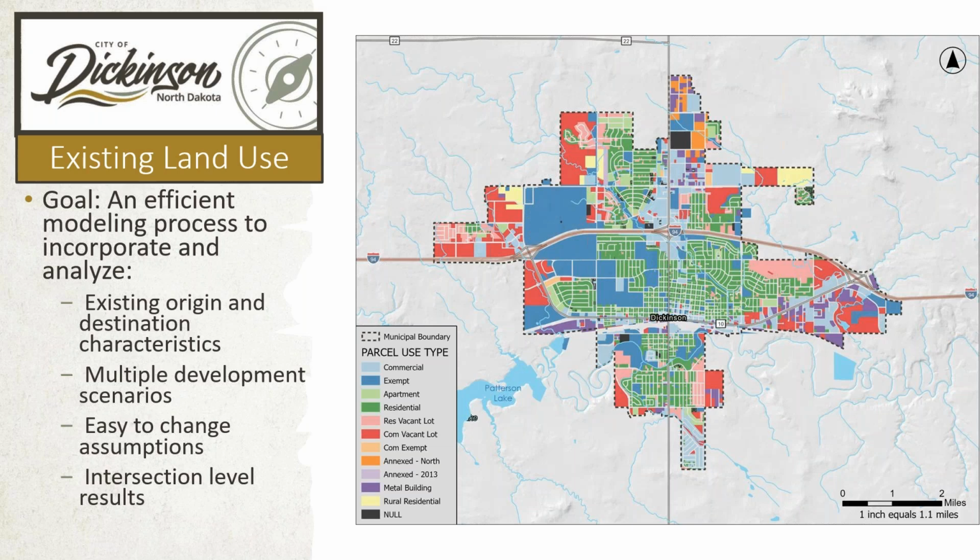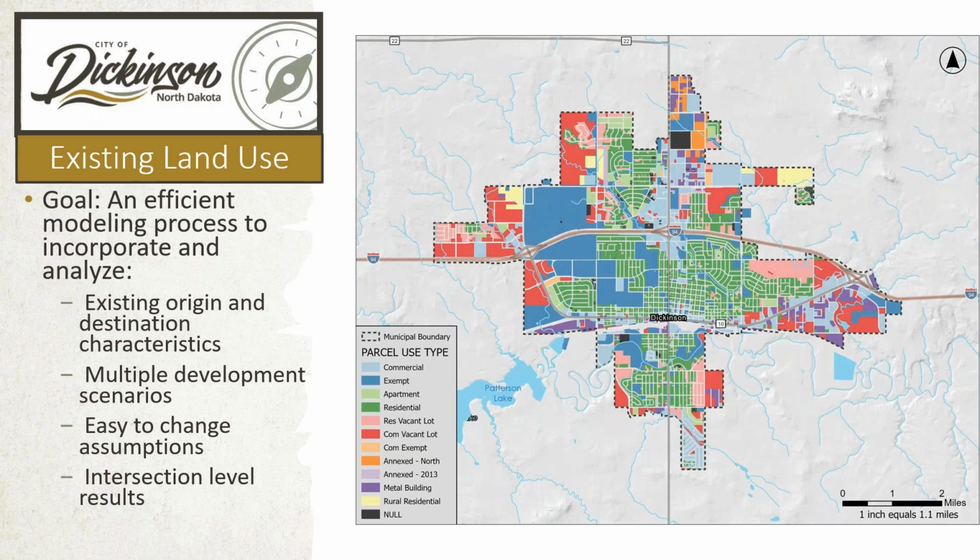The goal for the modeling process was really understanding the existing origin and destination characteristics of the town, really going from that residential to commercial, a lot of those trips staying within Dickinson, so people working and living in Dickinson.